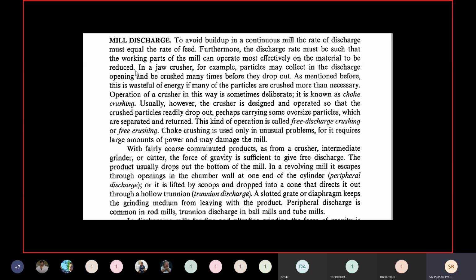It is impossible. This is taken care of by that V shape. As the feed comes, if it is of the same nature, it will take the blow and break into pieces. Or else it cannot come down, it will stay there. A heavier size particle will stay there. If the size is less, it will fall down.